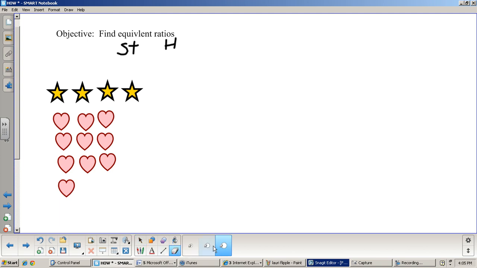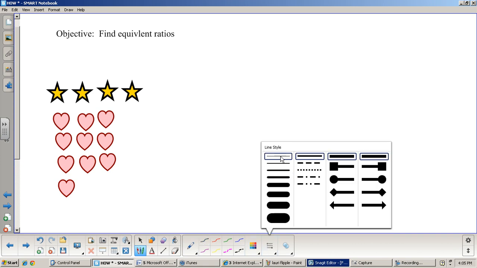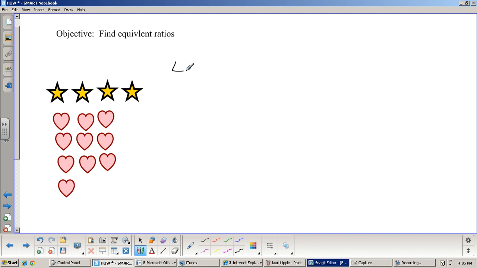So again, we're going to ask the same question. What is the ratio of stars to hearts? So my stars to hearts ratio is 4 stars to 10 hearts.